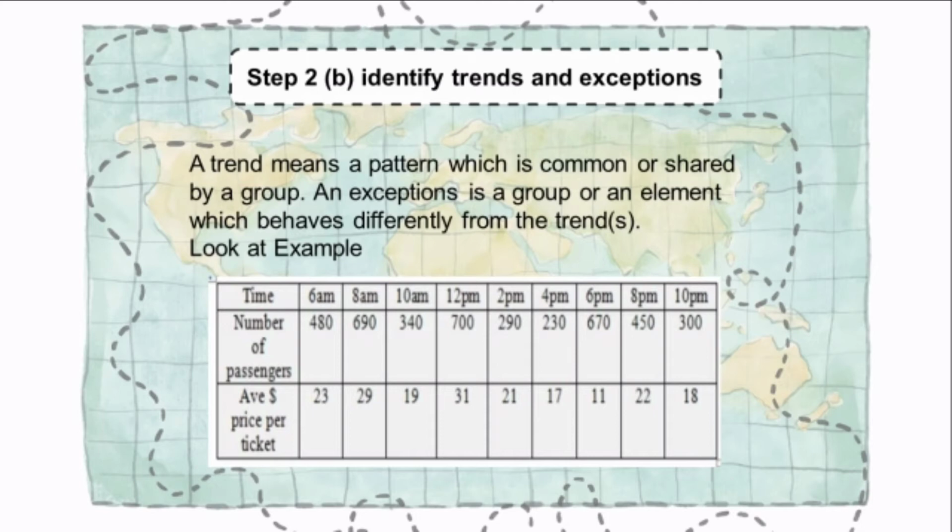Here, a high number of passengers pay a very low ticket price. This is a simple example of deciding on the groups in the data. We can now decide on the trend and the exception. The trend is for high passenger numbers to match high ticket price. The exception is the 6 p.m., when the reverse is true.